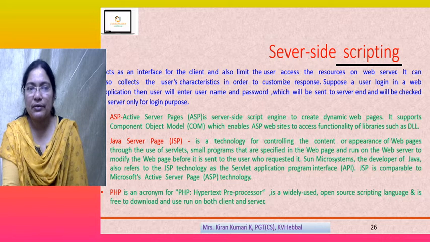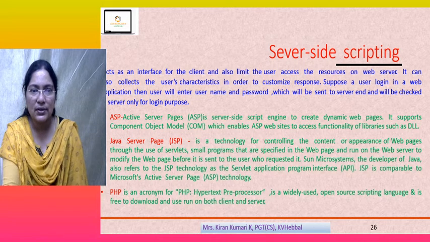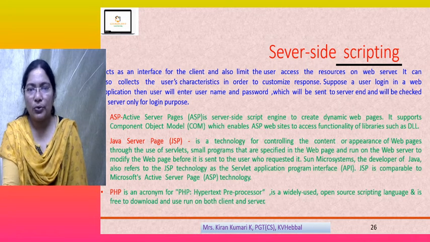Java server pages is a technology for controlling the content or appearance of web pages through the use of servlets, small programs that are specified in the web page and run on the web server to modify the web page before it is sent to the user who requested it. Sun Microsystems, the developer of Java, also refers to JSP technology as the Servlet Application Program Interface API. JSP is comparable to Microsoft's active server pages technology.